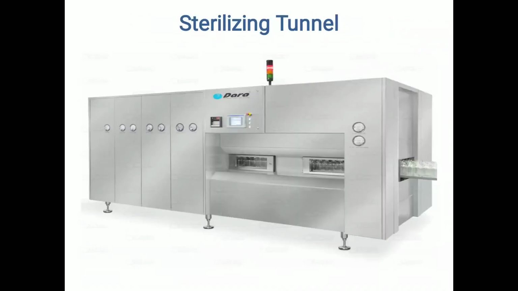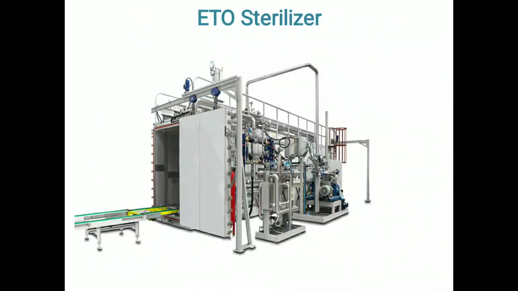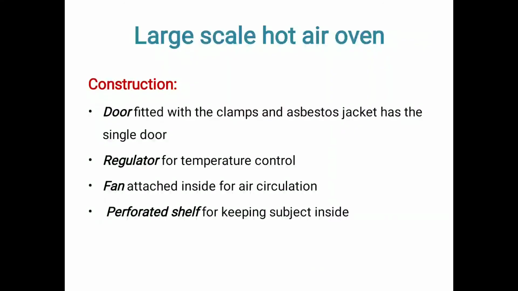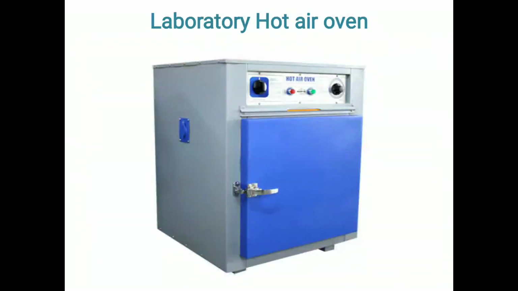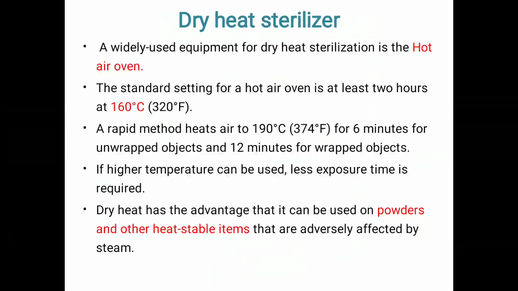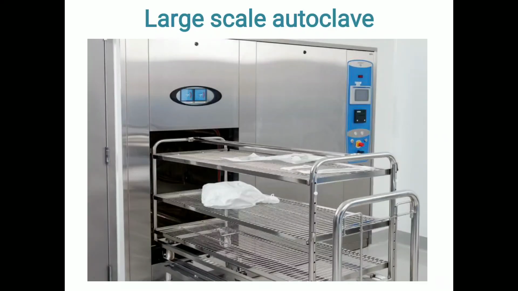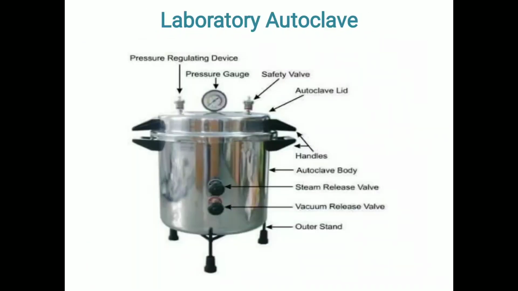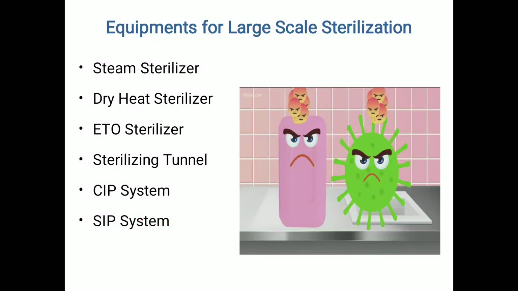All these systems are mainly used for sterilization purposes at large scale. These equipments require skilled operators, so that the materials can be handled very effectively as well as the process of sterilization can be completed very effectively. Okay, thank you.